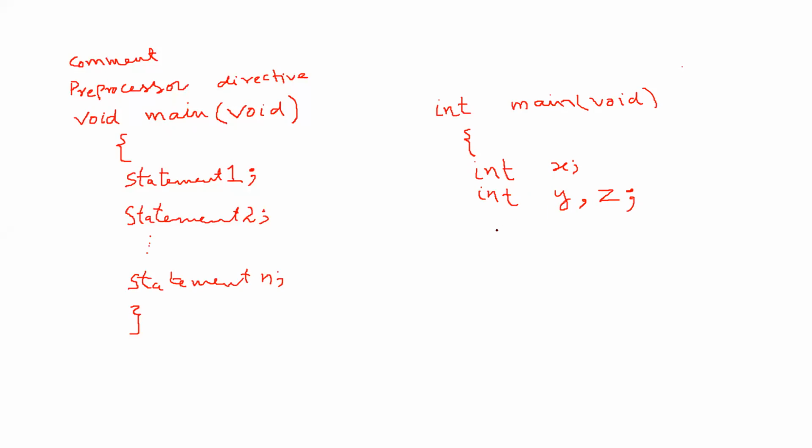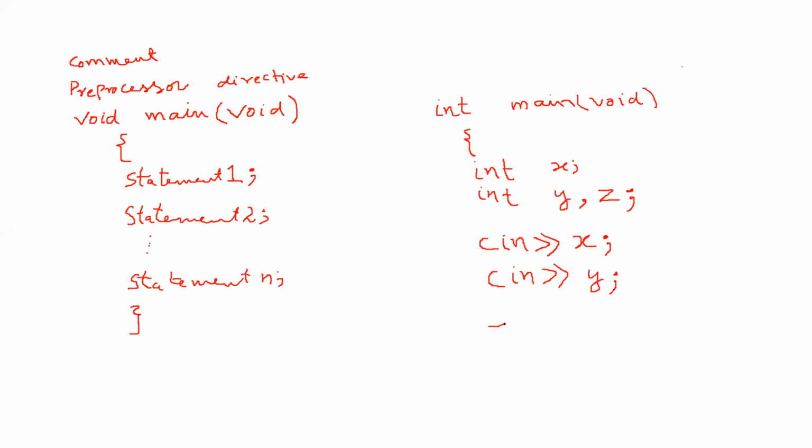I can declare one or two variables in one line, or we can declare these variables in separate lines. The next statement that I want to represent here is the input and output. I want to take the two inputs x and y and then calculate z. So the input statement is cin x. The user will input the value of x, cin y. The user has to input the value of y.